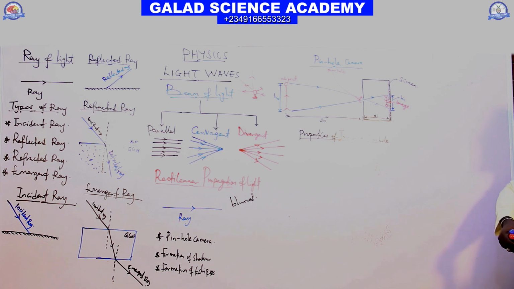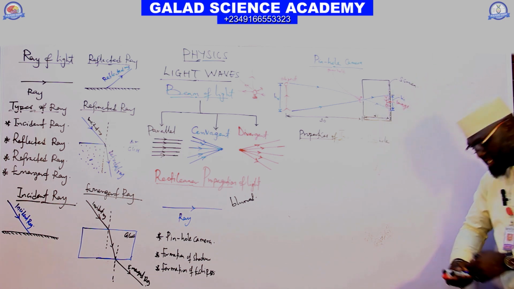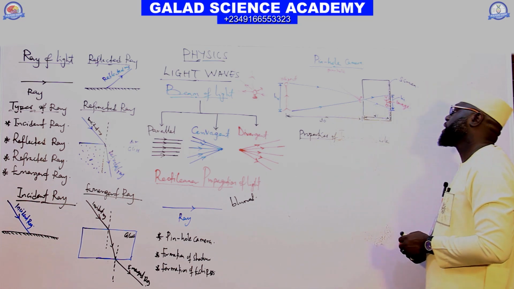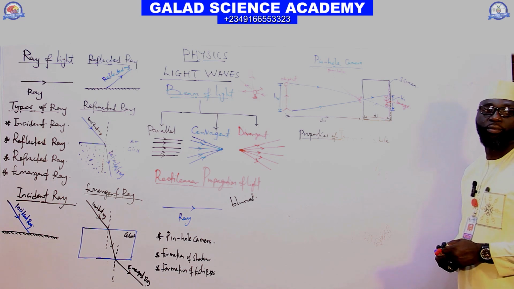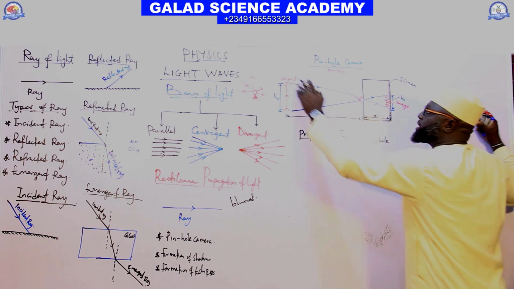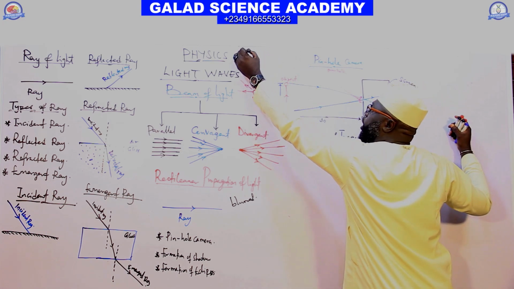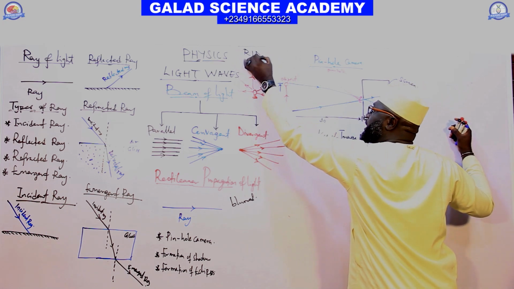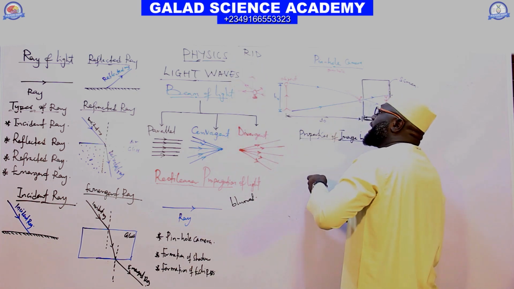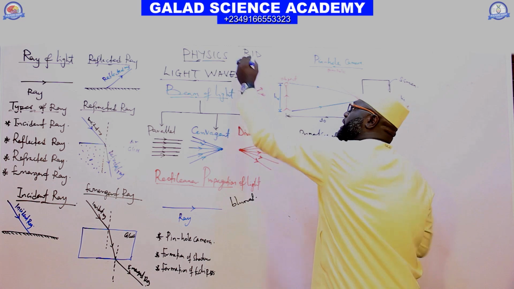The properties or the nature of the image formed in the pinhole camera can be memorized by a formula called RID.